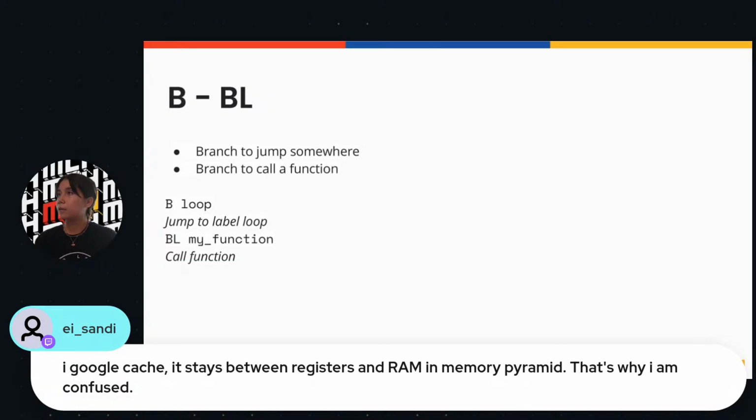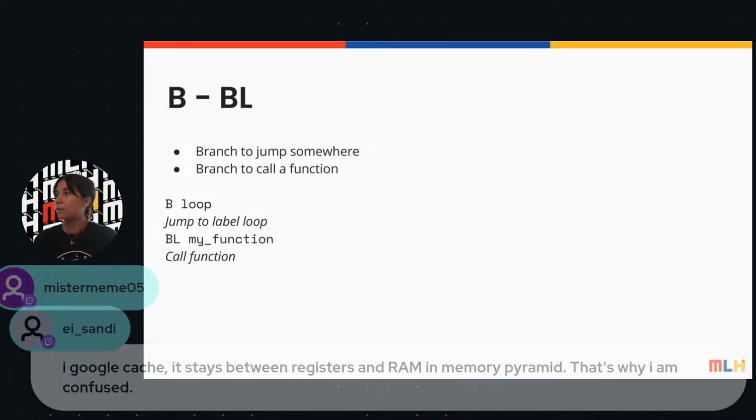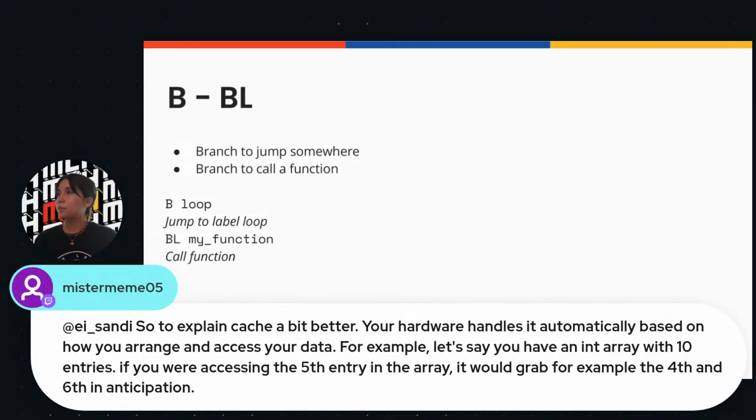I Googled cache. It says between registers and RAM in the memory pyramid. That's why I am confused. Hmm. We have another explanation in here. To explain cache a bit better, your hardware handles it automatically based on how you arrange and access your data. For example, let's say you have an int array with 10 entries.